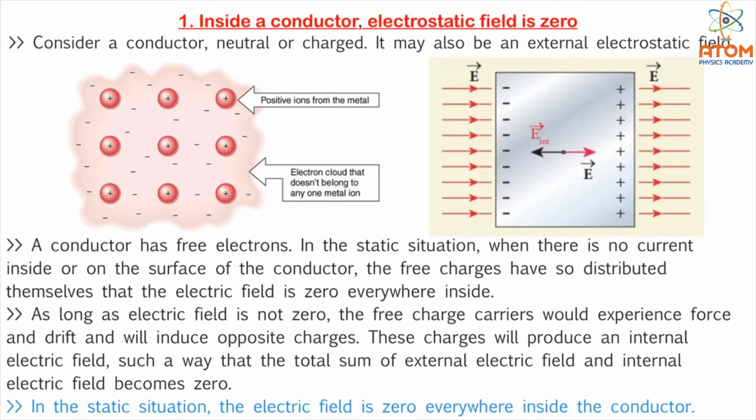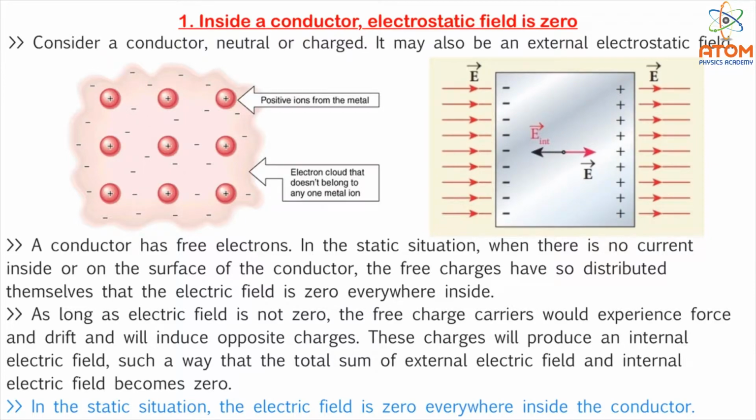Now the external electric field, which was in the positive x direction, and the internal electric field, which was in the negative x direction, will cancel out each other, and again the same thing will happen: everywhere inside this conductor the electric field will be 0.